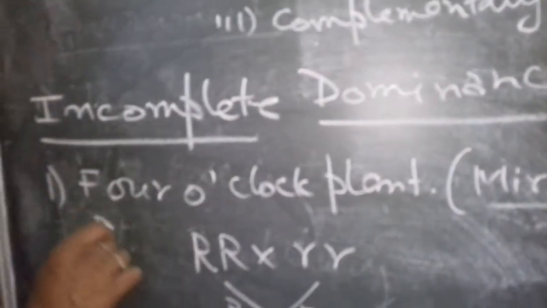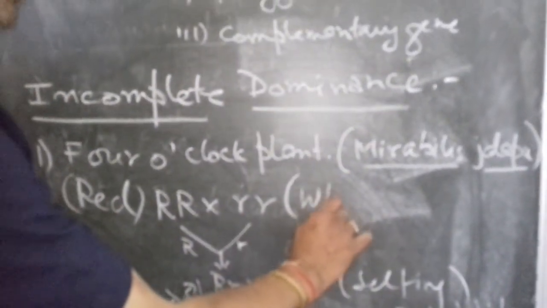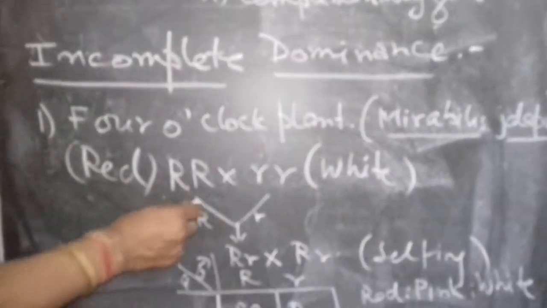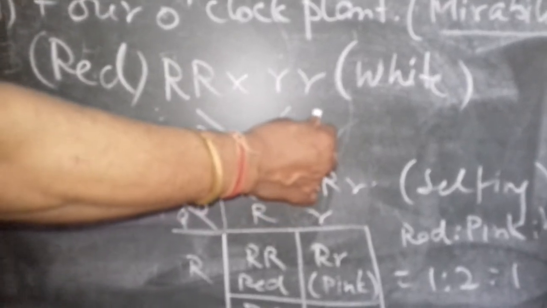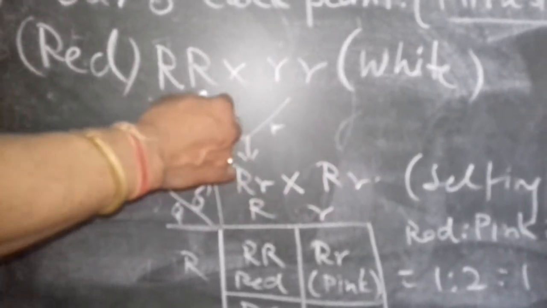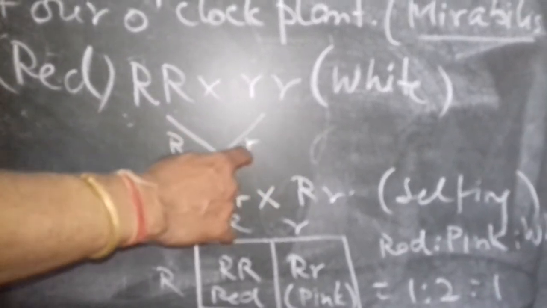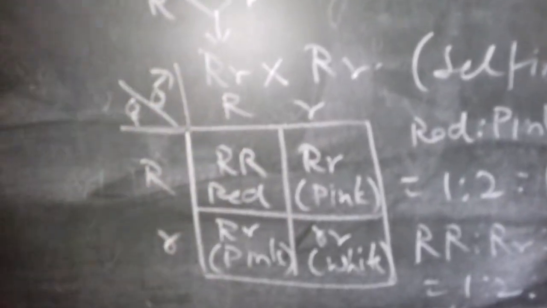One is red and the other is white. Red is dominant, so depicted by capital R in a pure line. White is small r, and when these two form the gametes, they give capital R, and here it is small r, which fertilize to produce capital R small r.